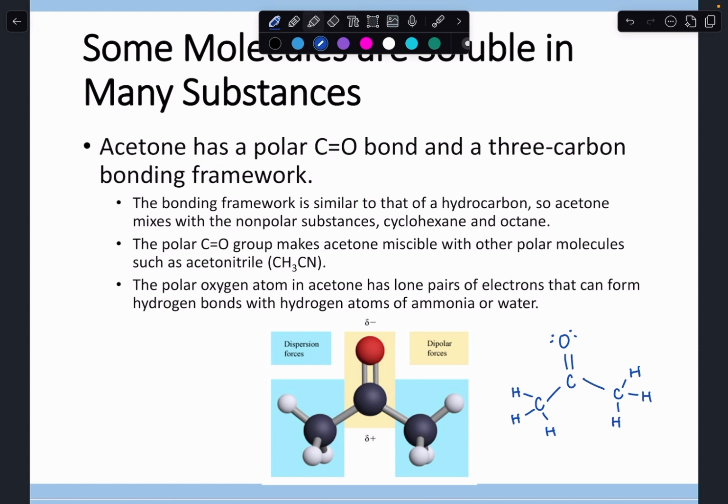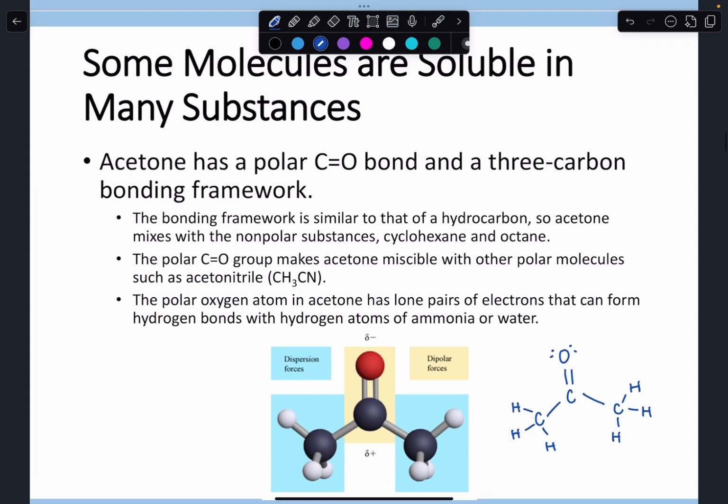So just looking at this picture here, there are areas on acetone that are nonpolar. That's this CH3 area and this CH3 area. So I'm highlighting with similar colors as the other image here, where you can see the nonpolar areas are the CH3 groups, but then the carbon to oxygen bond is polar.